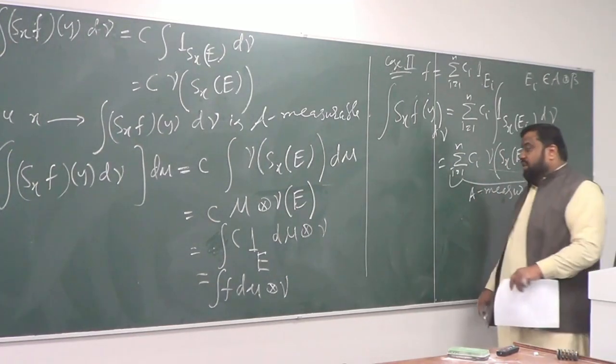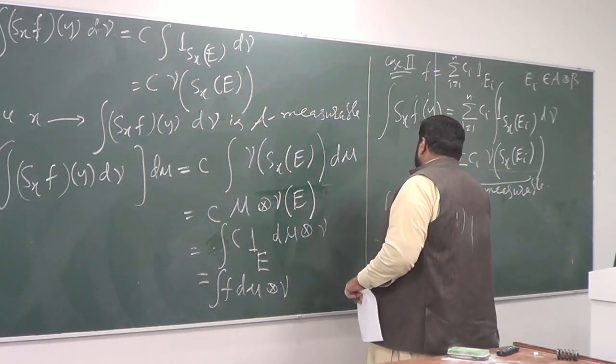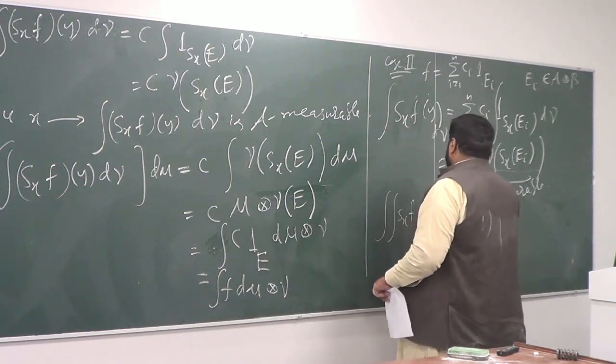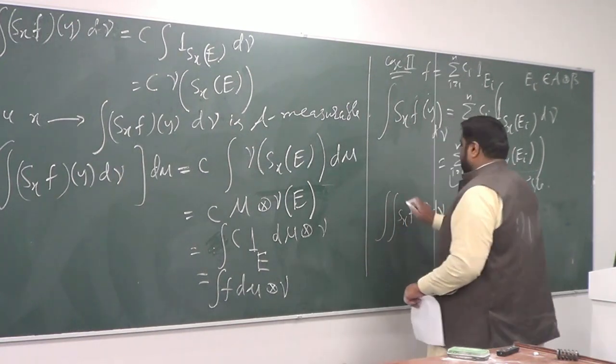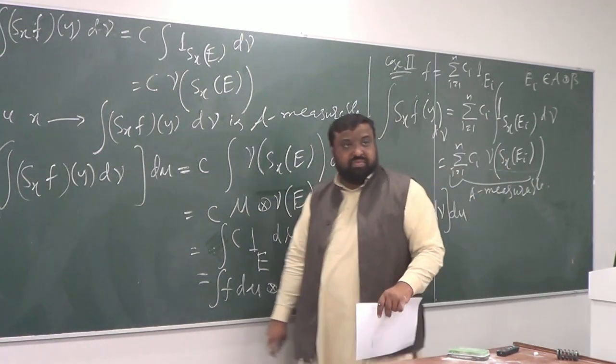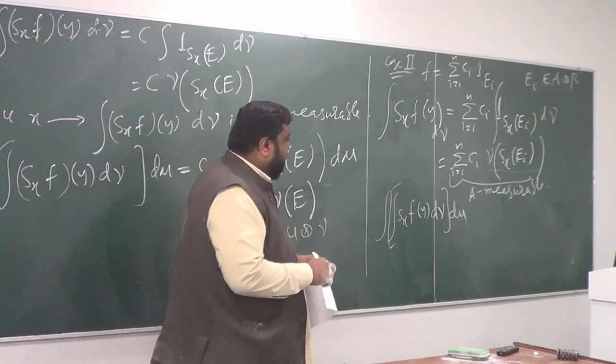And hence this integral, the map. Okay. So therefore now you can integrate it once again. As x section of f of y d mu, and now I want to integrate it with respect to d mu. So what are you going to get?